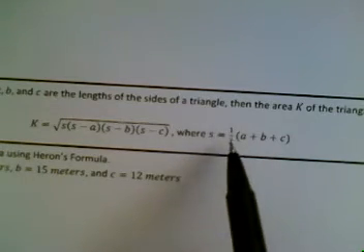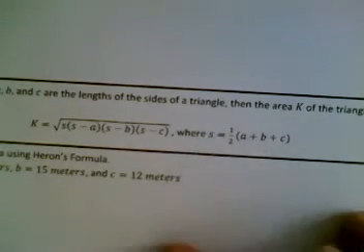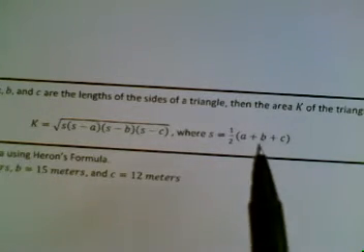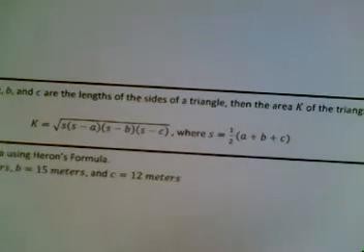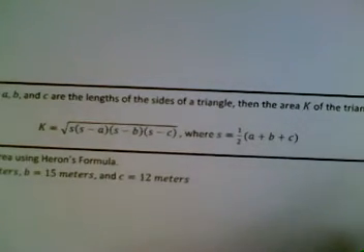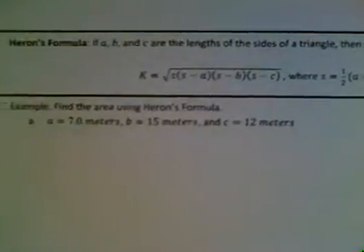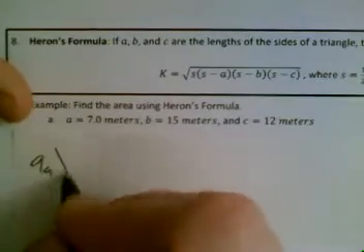It's not an average because it's 1/2 times those as opposed to 1/3. This is what I use to get a good accurate reading when I have all the lengths of the triangle, but none of the angle measures. So let's go ahead and work through this 9A example.